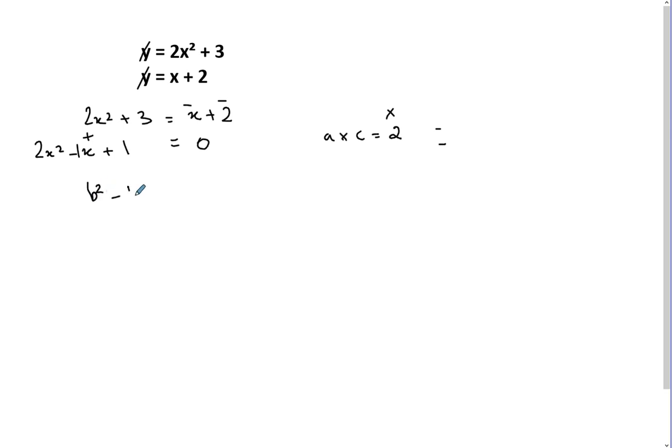But the way to actually prove it is from the quadratic formula, you've got your b squared minus 4ac. Now, if b squared minus 4ac is less than 0, then it means they've got no roots. So even in a quadratic equation, if it doesn't have any roots, it means the curve doesn't actually cut the x-axis.